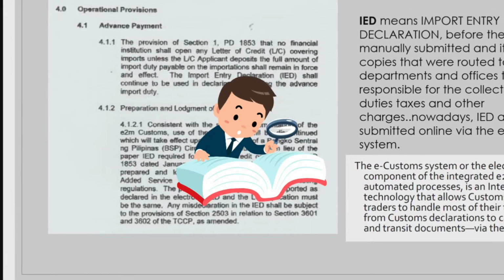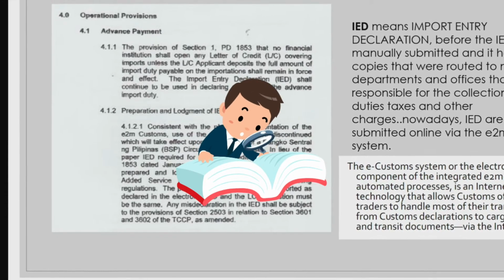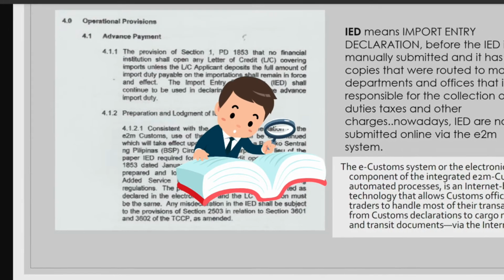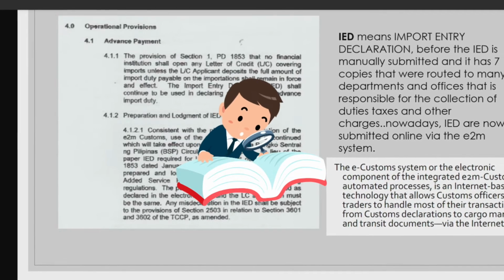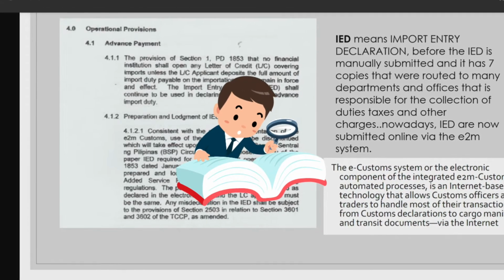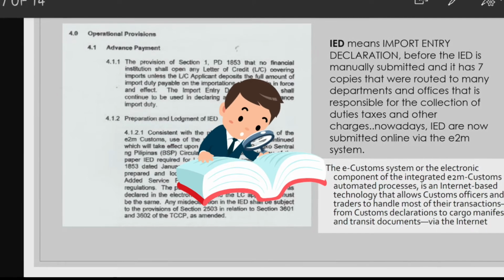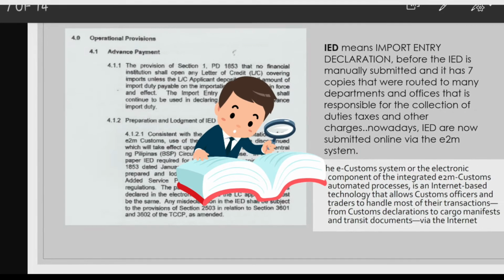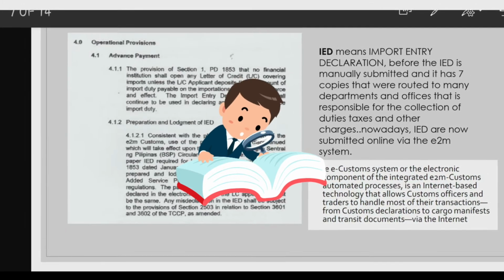So since we are already using the CMTA, we should be following the rules and regulations of the CMTA regarding the application of the letter of credit. So this 4.1.2 provision here in CAO 10-2008 is just saying the old regulations that have been provided by the TCCP.